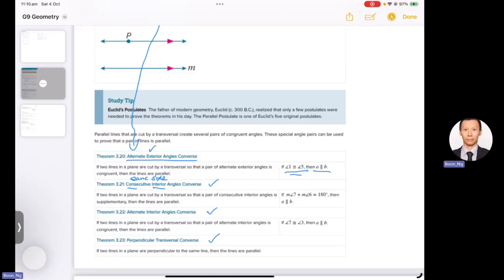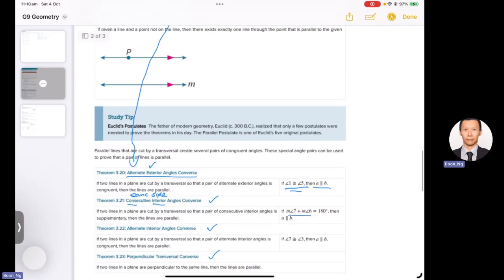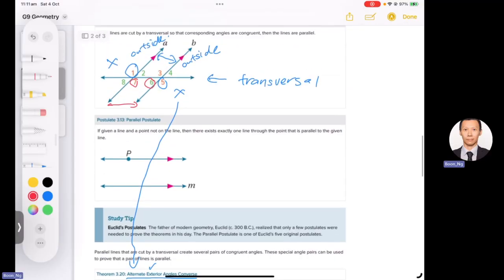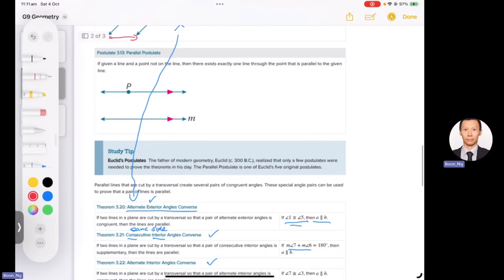It says that consecutive means same side, interior means inside the sandwich. So angles 6 and 7. If 6 and 7 add up to 180, these two are the parallel lines, so 6 and 7 are inside the lines, so interior, and same side, so they are consecutive interior angles.